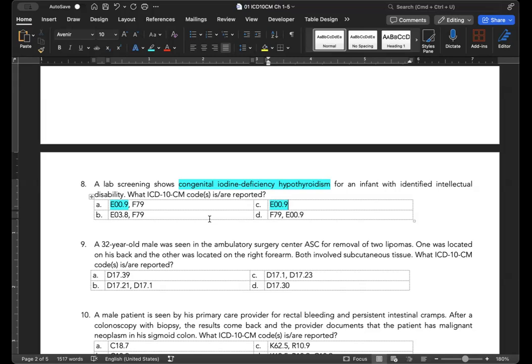Okay. So the main question now is, do we code the intellectual disability? Is that relevant to the case? Is that something that you feel like we should report today?